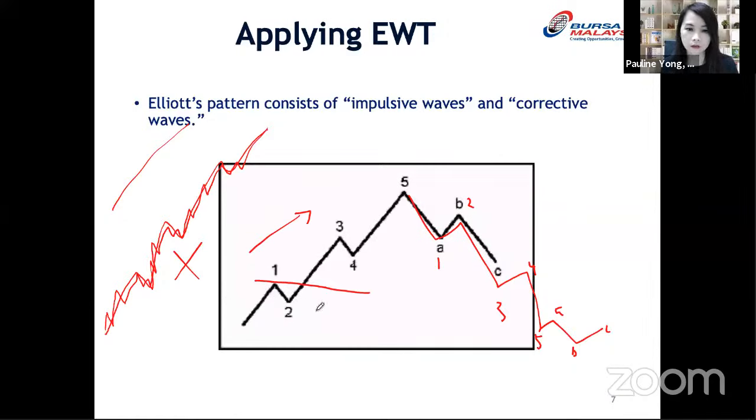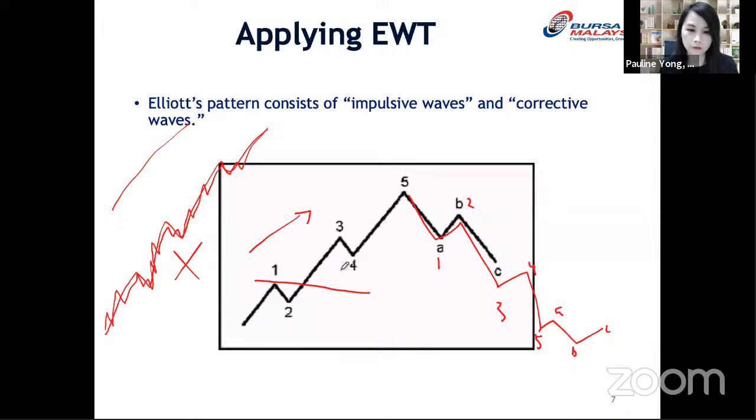Commodities, you can still see that, because commodities are more volatile. So there are some exception rules for commodities. So commodities you can accept, but for equities, definitely not. Later when we apply the Elliott wave, we will look at this wave number 4.